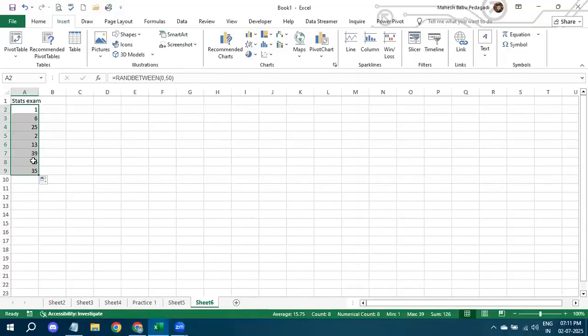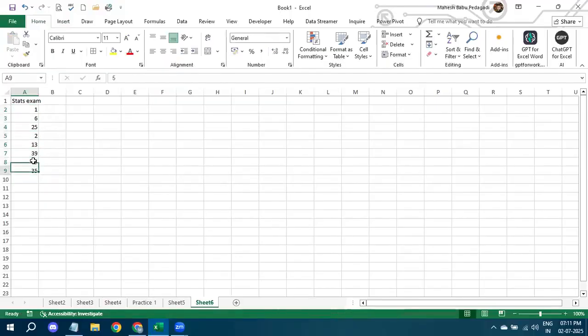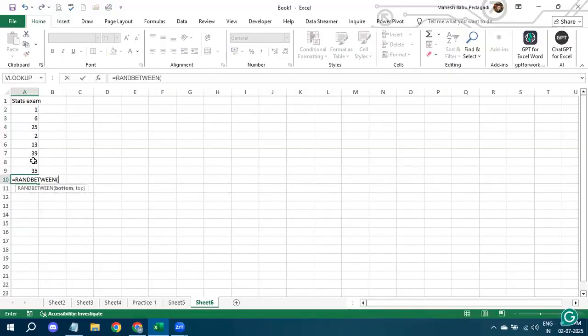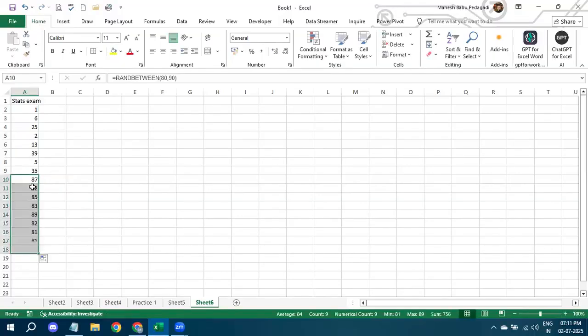Copy, and then I will say equal to RANDBETWEEN 80 to 90. There are a few students. This is my data. Clear, guys? How many students are there? There are 17 students. I conducted a stats exam.